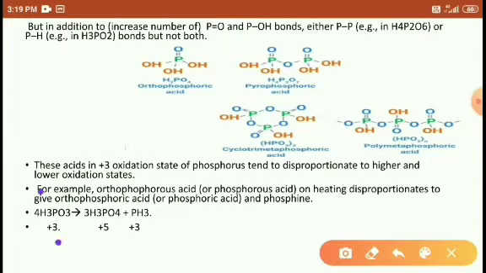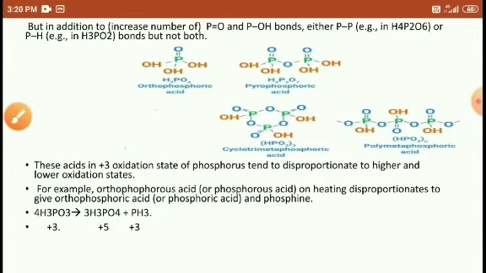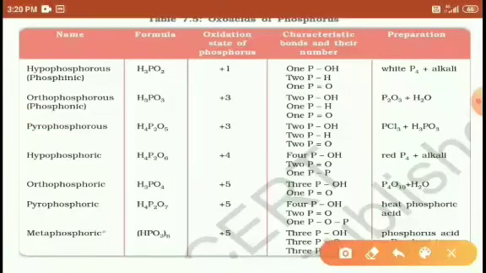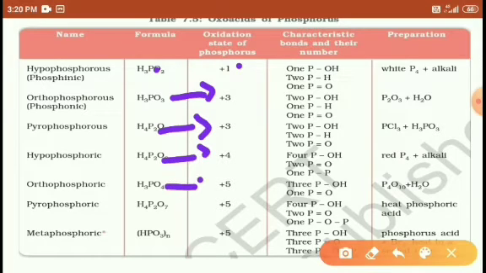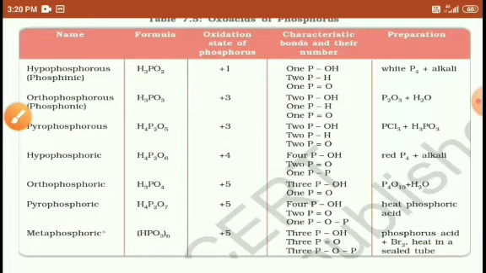This compound shows the higher oxidation state +5 as well as the lower oxidation state in PH3. Right, students? So this is the example of different species showing different oxidation states. The numbers of P-H bonds, P-OH bonds and P=O groups present are all mentioned here, along with their preparations.